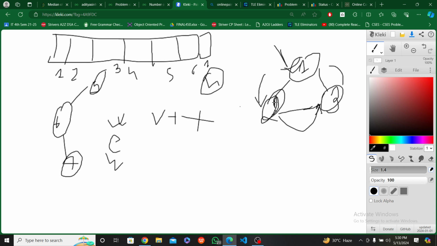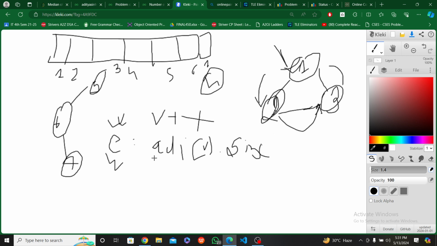And for the number of edges connected with this, if we have an adjacency list, that means adj of v dot size, you know, that is all the vertices connected with different vertices.